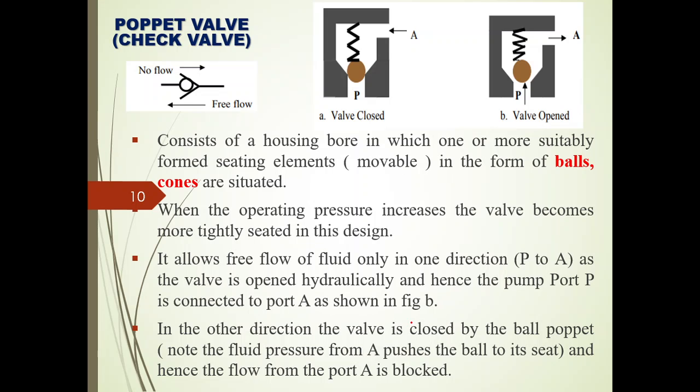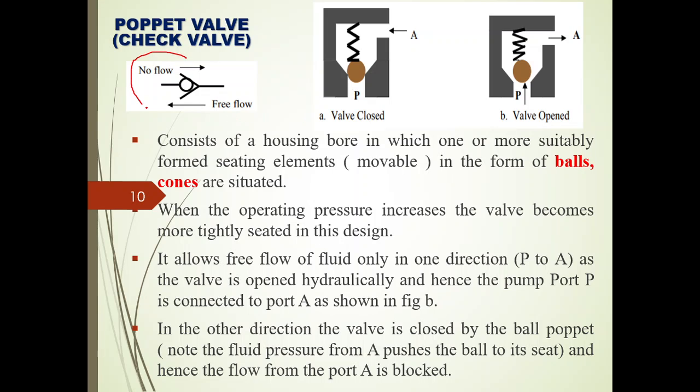Right. So the next type of valve, the important or basic valve which we are using in the case of hydraulic systems, is the check valve. Right. The check valve is also called the poppet valve, or I can also call it a one-way valve. Right. So it will allow the fluid to flow in only one direction, not in the other direction. Right.